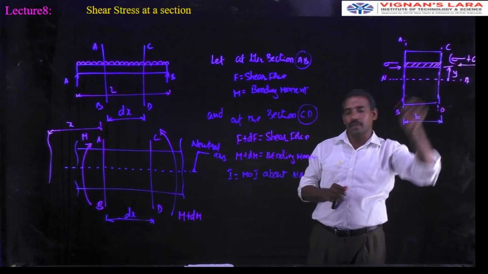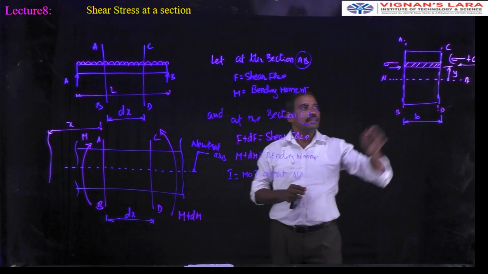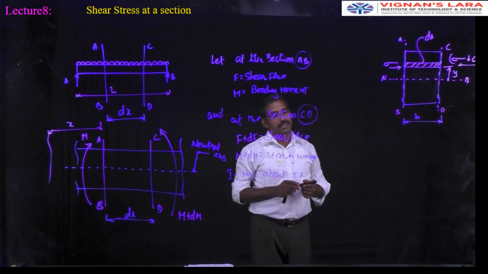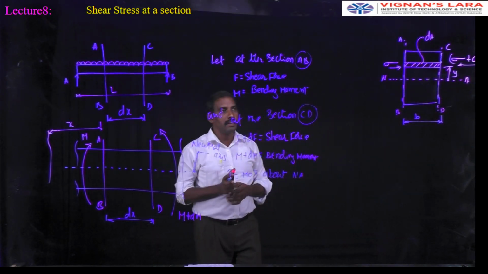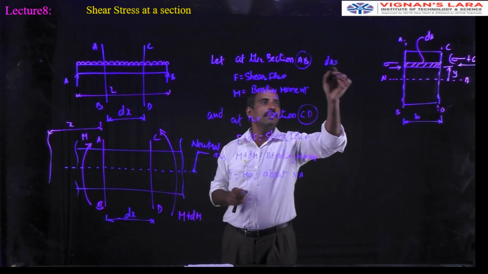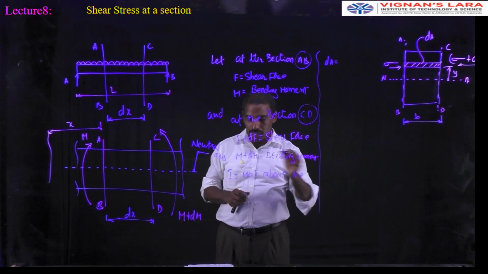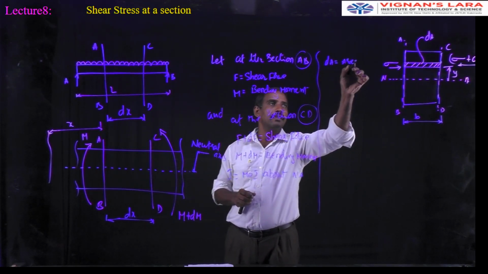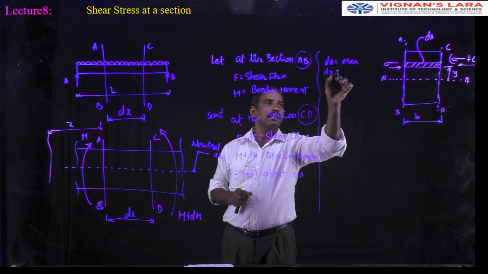This is the area of a rectangular strip, where dA is the elemental area, and dx is the length.